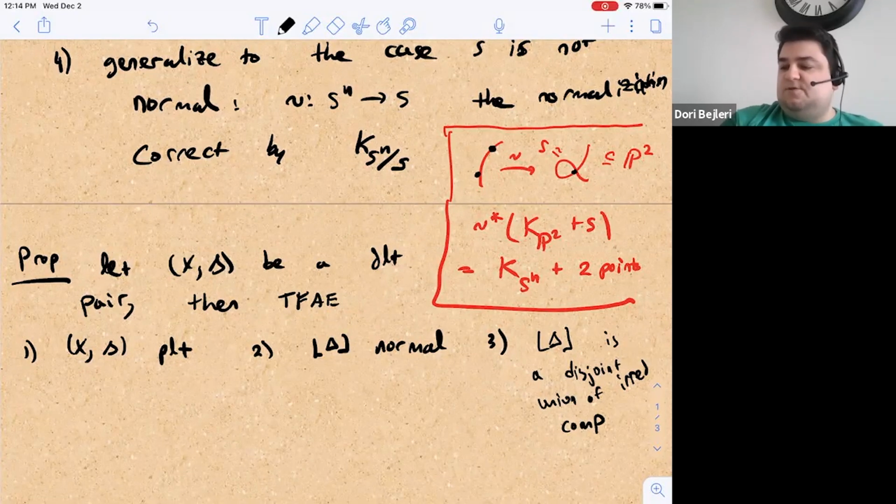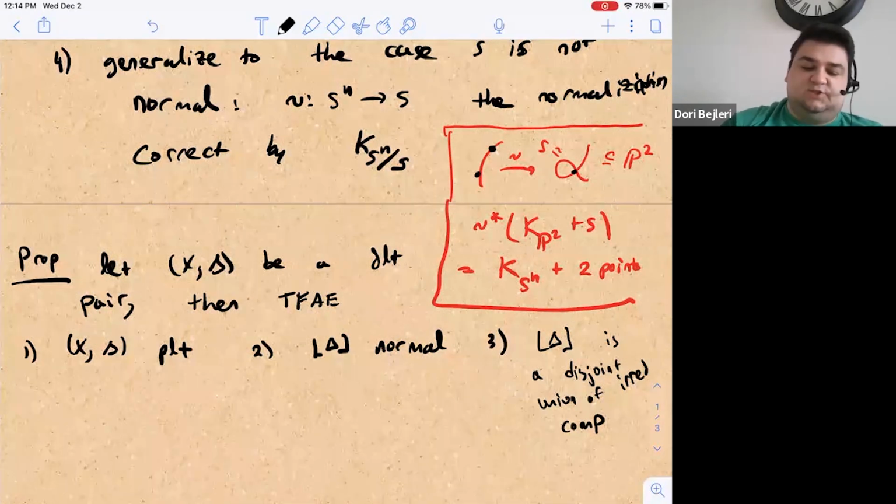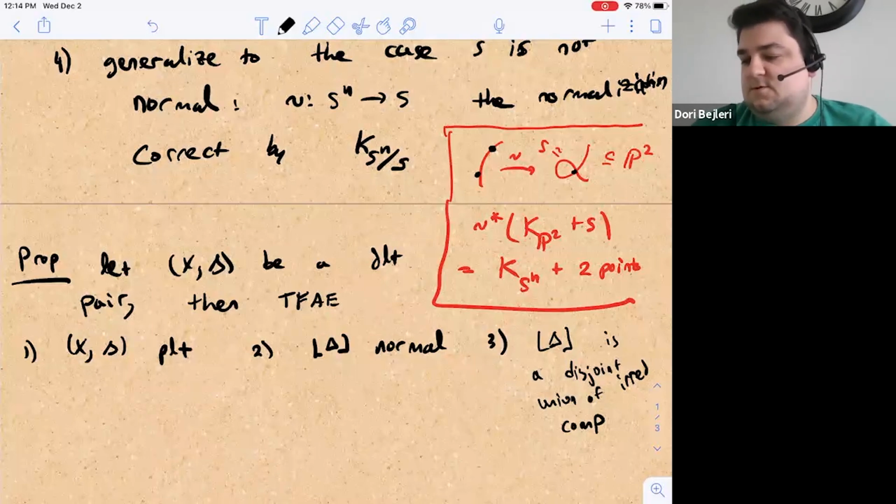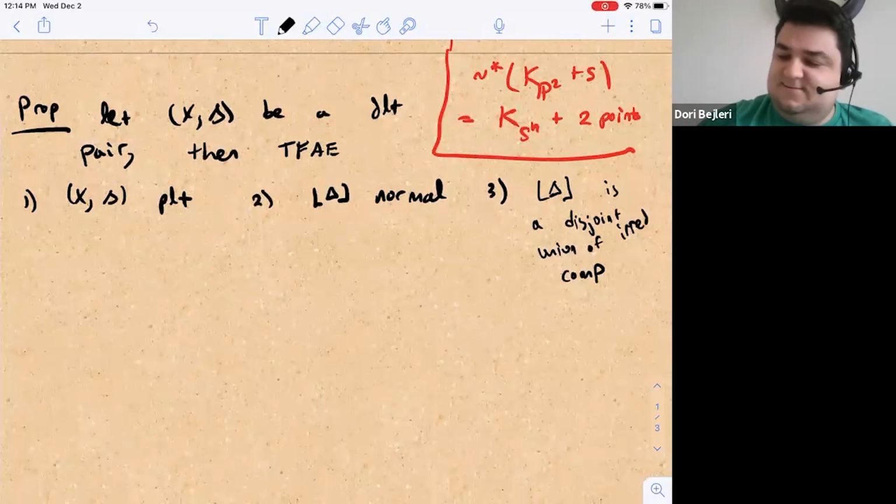So the fact that the round down has to be normal, or the fact that the components can't intersect, comes from the fact that the discrepancies have to be strictly bigger than -1 for PLT pairs. The interesting part is that PLT implies that the round down is actually normal. But maybe I butchered that, so let me just write down the exact statement.